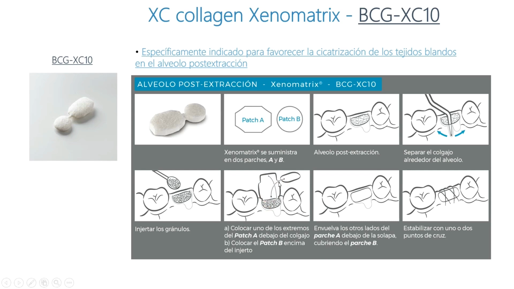Also, some doctors use the two separately, patch A and patch B. Patch A is used for larger teeth, such as molars, and patch B is used for smaller teeth, such as canines, for example.